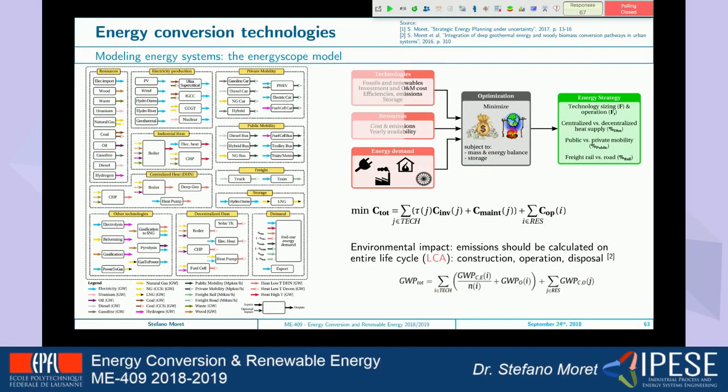So here I just mentioned briefly the approach that we have. Normally, what we look at is the total cost of the system and the environmental impact. We don't have the time in this lecture to go into detail about how we calculate, for example, the environmental impact. What I want you to know is that when we discuss environmental impact, we use what is called a life cycle assessment.